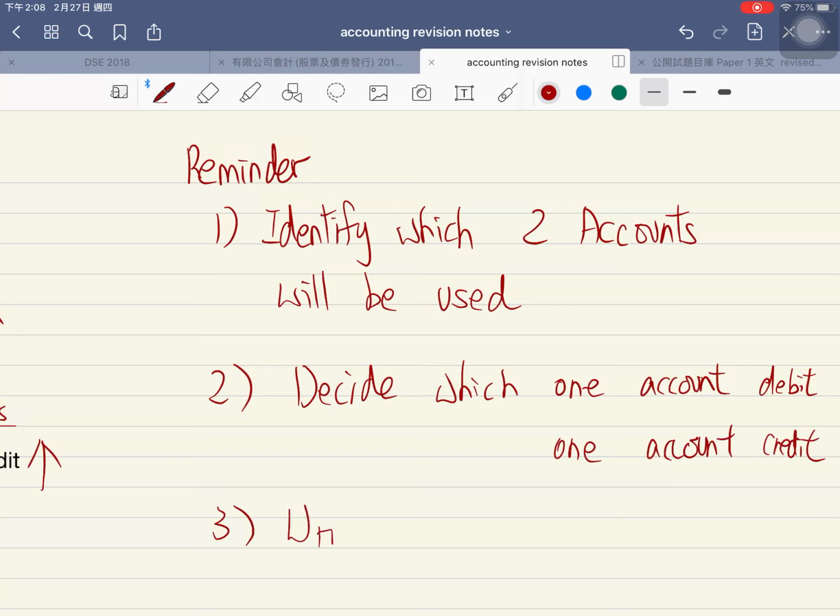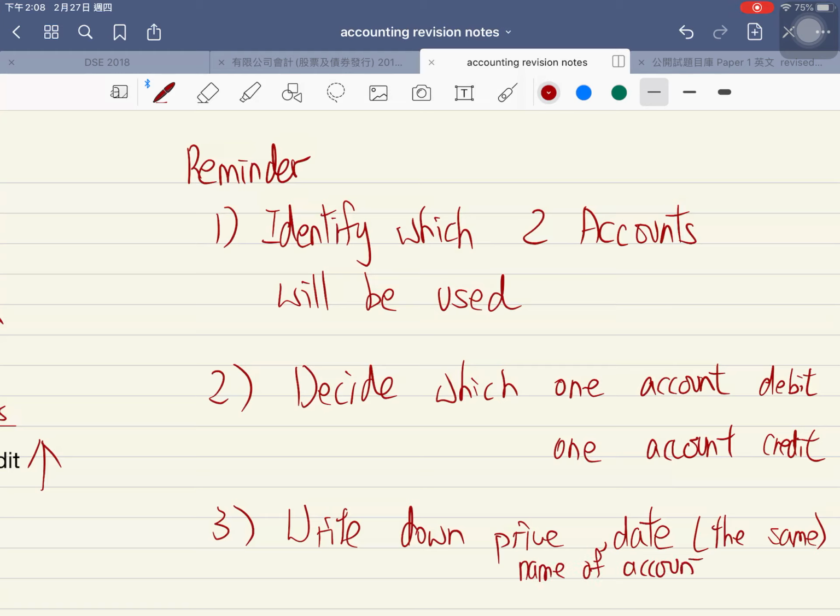So write down the price and date, it's the same, okay? That means on left hand side you write down 3,000, on right hand side you write down 3,000. And for the name of account, write the opposite account.